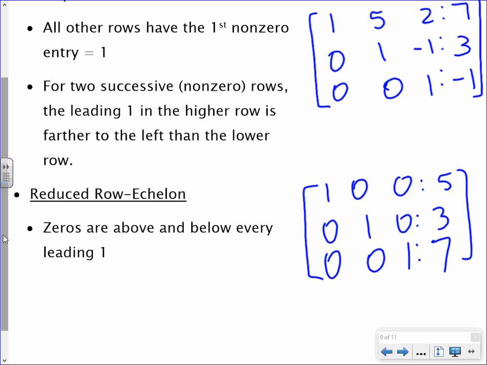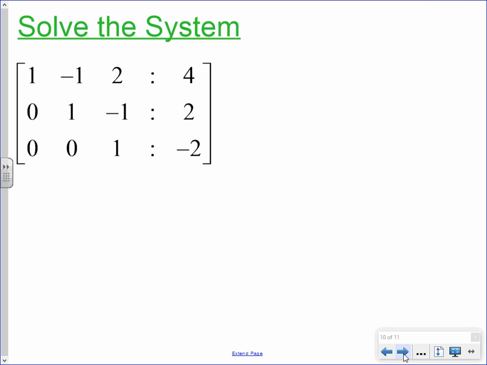Okay. Let's talk about, is this the one that I wrote up? Oh, that would have been a better idea, huh? Let's talk about this augmented matrix. Amanda, what does the first row mean?